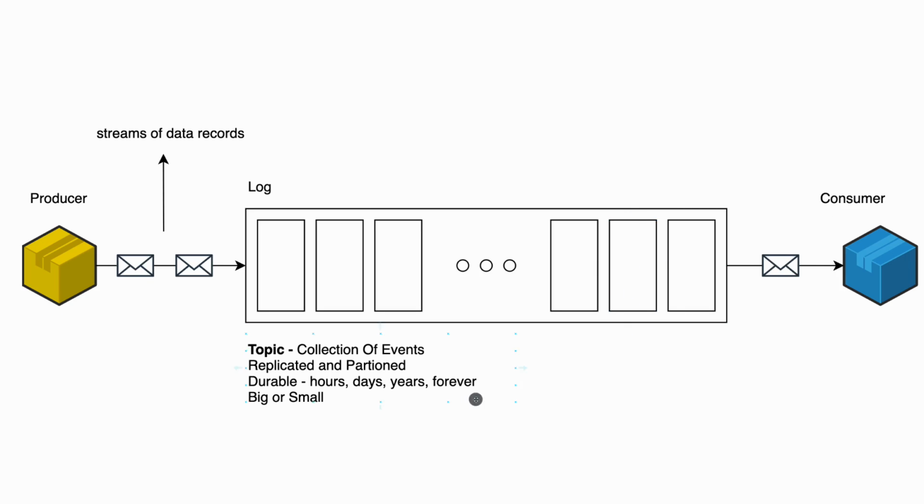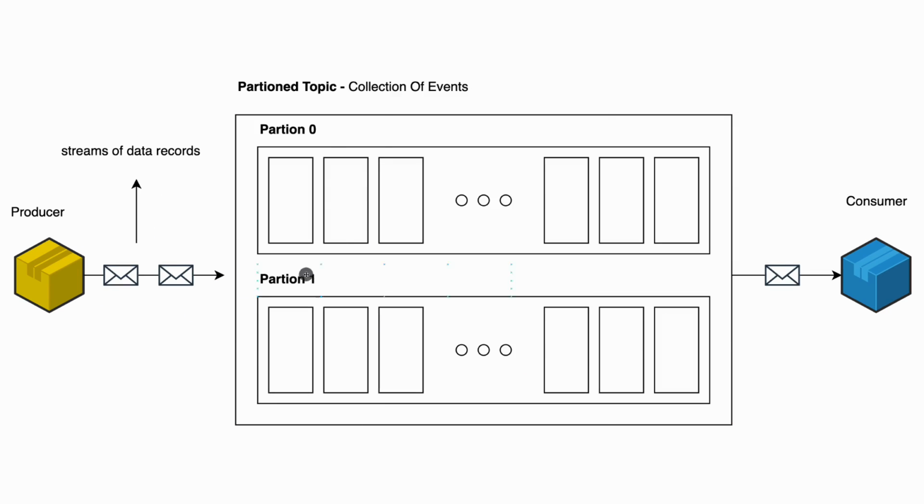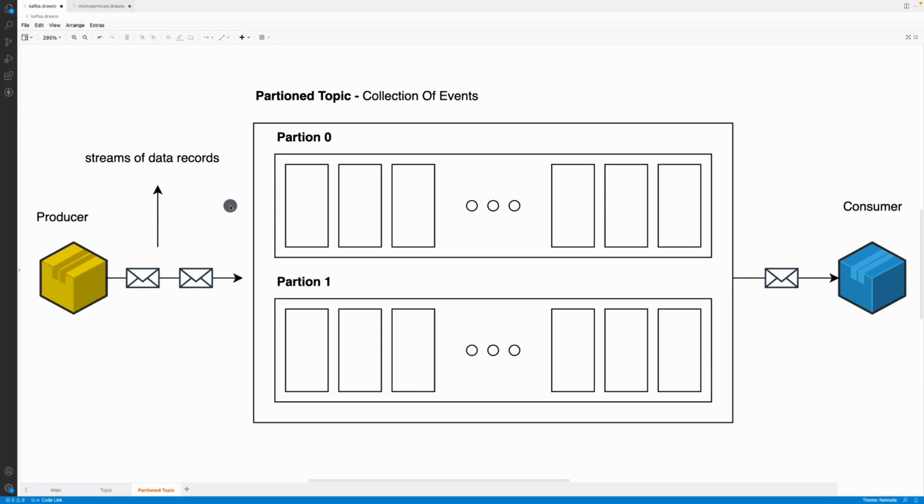Now, let me quickly touch on partitioning. As I said, there is nothing that says whether a topic can be small or big. There's no size limit for them really. You could have one node that is big enough to hold one topic. If you have a massive topic, you can have one giant node to hold that. Or instead, these days we can scale up or down because of the cloud and resources are cheap.